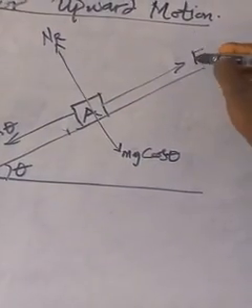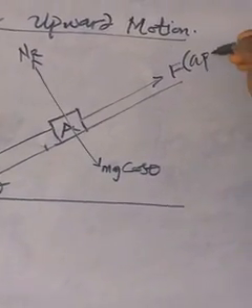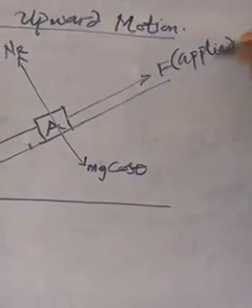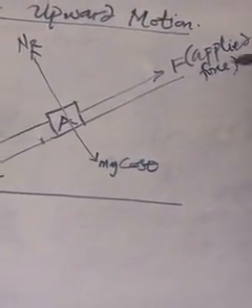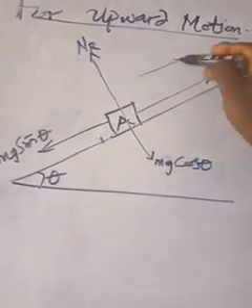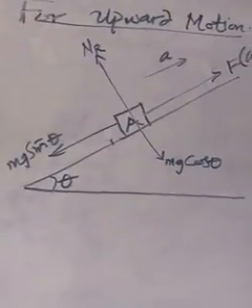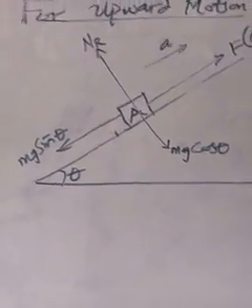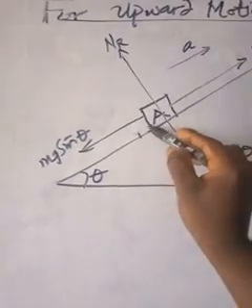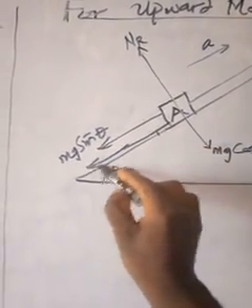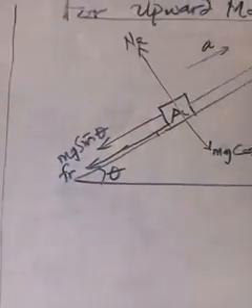This is the applied force. If the direction of the motion is up the plane, from the definition of frictional force, the frictional force will oppose the movement. That means we have the frictional force here.